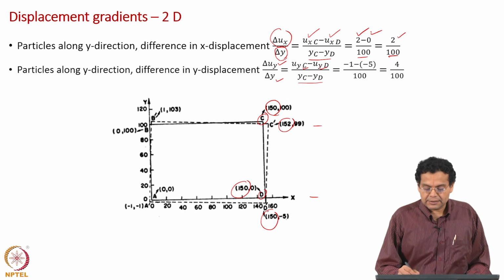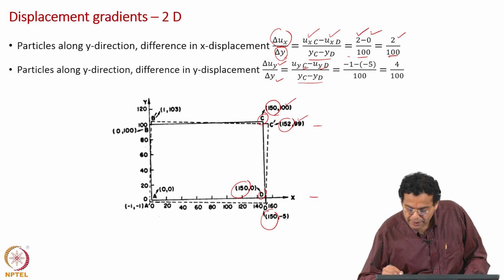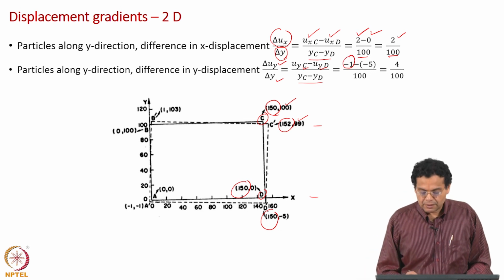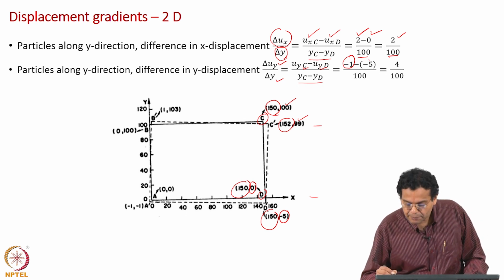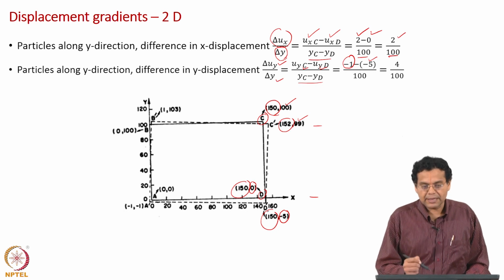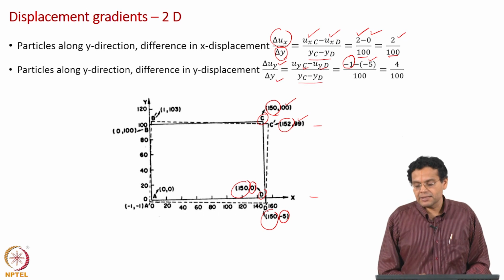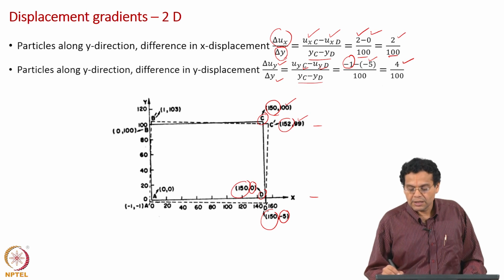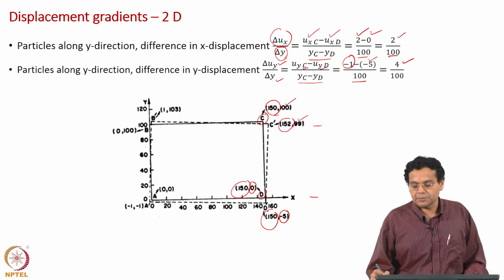Initial y coordinate is 100, final y coordinate is 99. So, the y displacement is minus 1. Now, let us come to point D. Initial y coordinate is 0, final y coordinate is minus 5, and the displacement in the y direction is minus 5 minus 0. So, it is minus 5, final y coordinate minus initial y coordinate, that gives you the y displacement. What is the difference in displacement between C and D? Minus 1 minus of minus 5 gives you 4. The denominator is, of course, the vertical distance between them, which is 100.